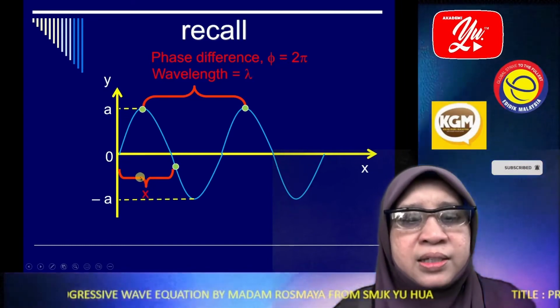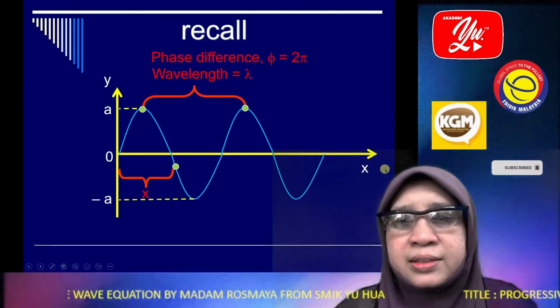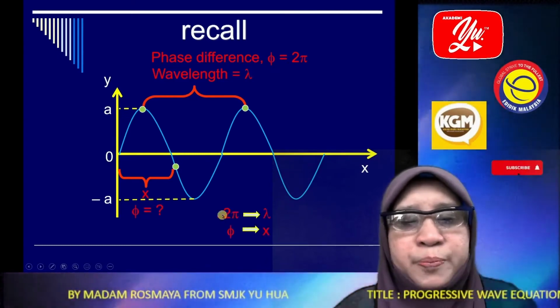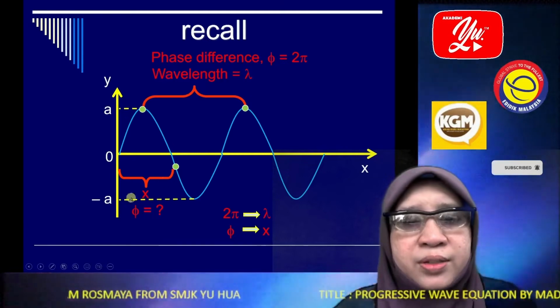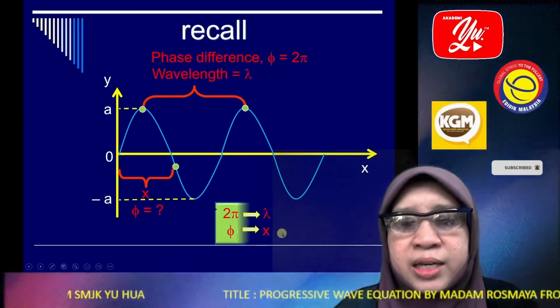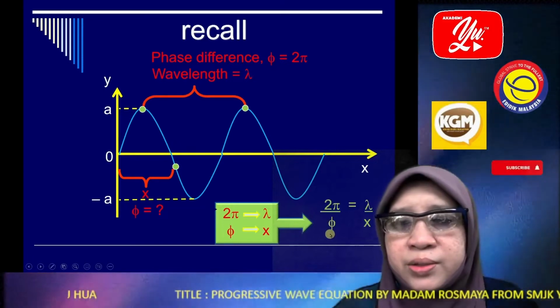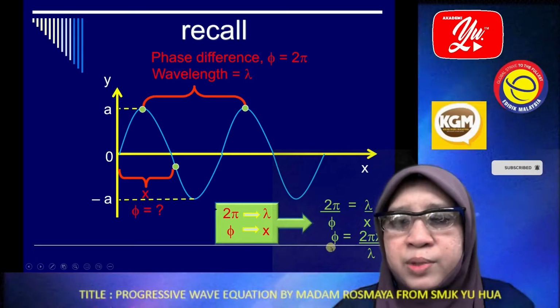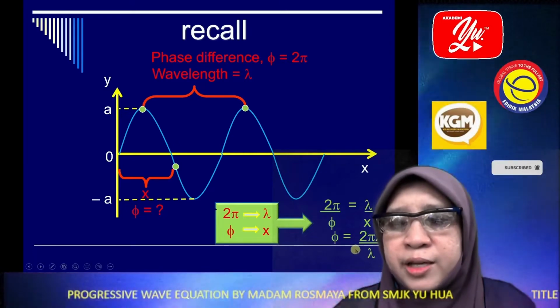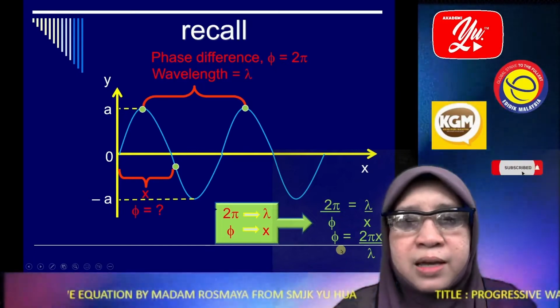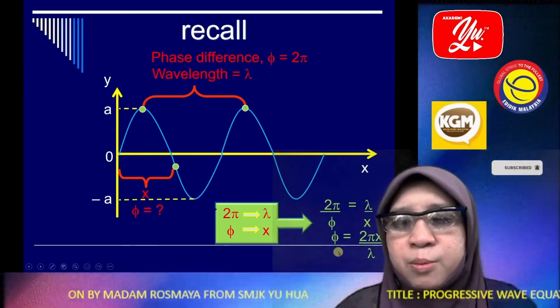Let's say the distance here is x on the x-axis. So 2 pi per phi equals lambda per x, and we cross multiply, we get phi equals 2 pi x per lambda. So this is where the phase difference formula comes from.